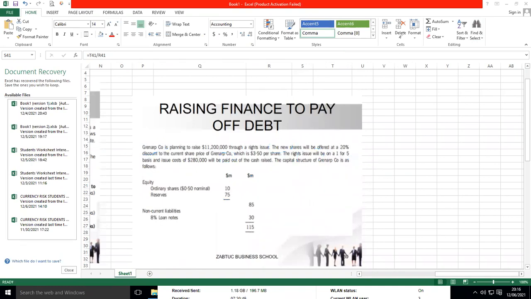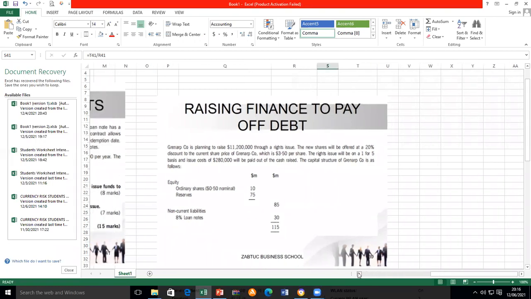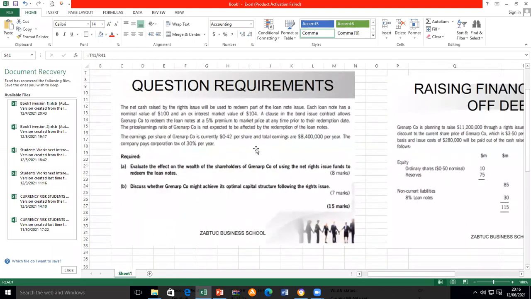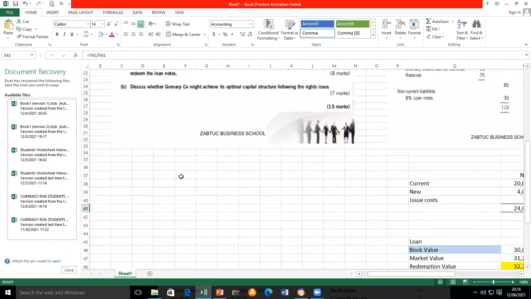So let's calculate our EPS. What is our EPS after the process? Let's calculate together. The earnings of the company is 84. What do we mean by earnings?